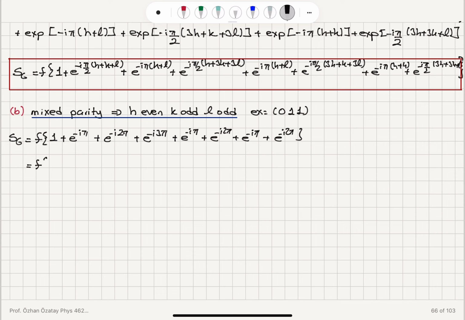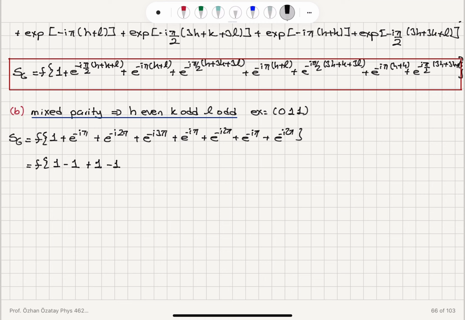In F parentheses, we have 1 plus e to the minus i pi, that's cosine pi, minus i sine pi, that's minus 1. e to the minus i 2 pi, on the other hand, cosine 2 pi minus i sine 2 pi is plus 1. And then e to the minus i 3 pi, cosine 3 pi gives us a minus 1.